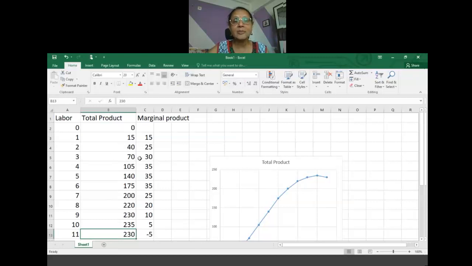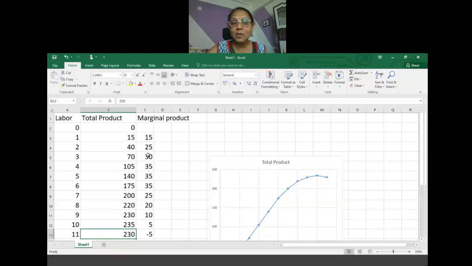The third one comes in, resources are even better utilized, 30. So this person is able to produce 30 more. Starting from 15, this person is adding 25 more to the production. This person is adding 30 more to the production. So the production is increasing at an increasing rate.